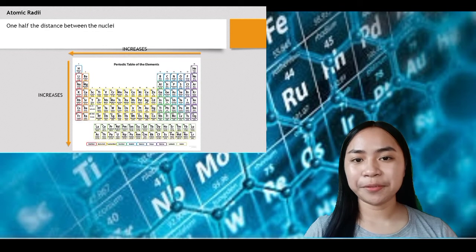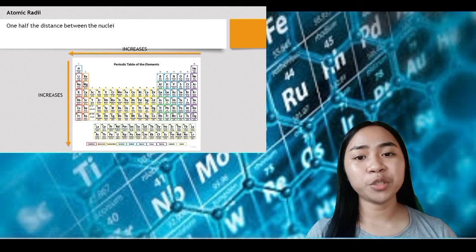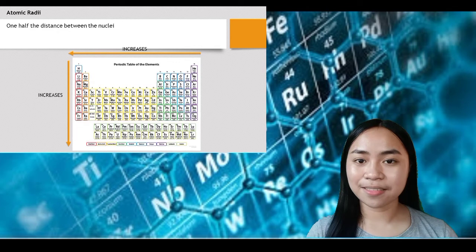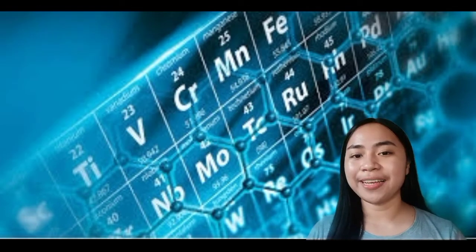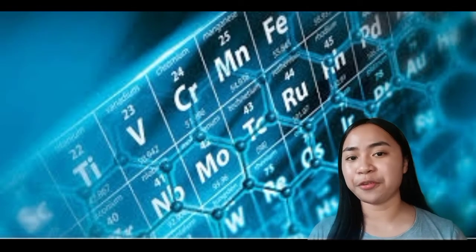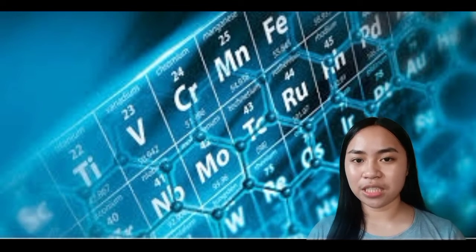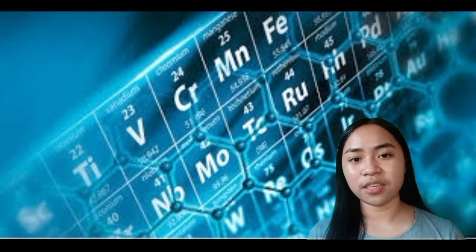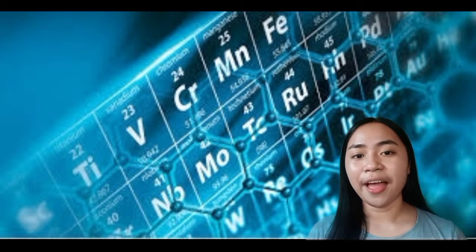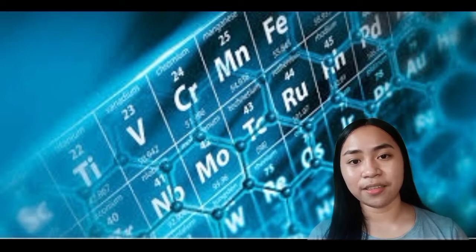We are now on the atomic radii. Atomic radius is one half the distance between the nuclei. What we are measuring in atomic radii is the distance. The trend of this is completely different or opposite from electronegativity, ionization energy, and electron affinity. It increases when it moves downward and moves across to the left side.